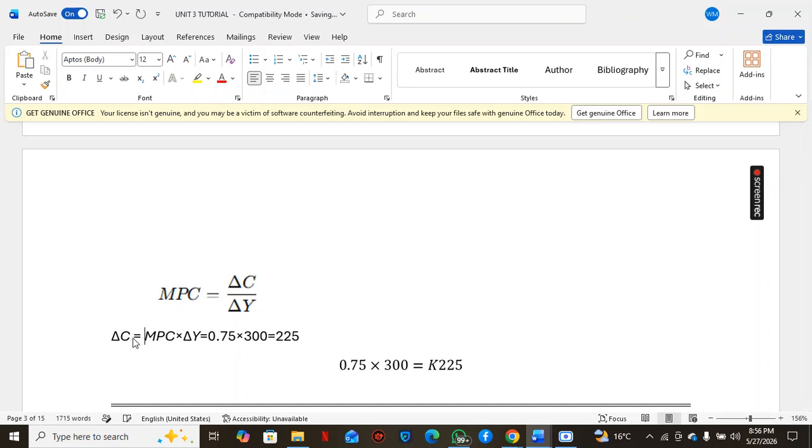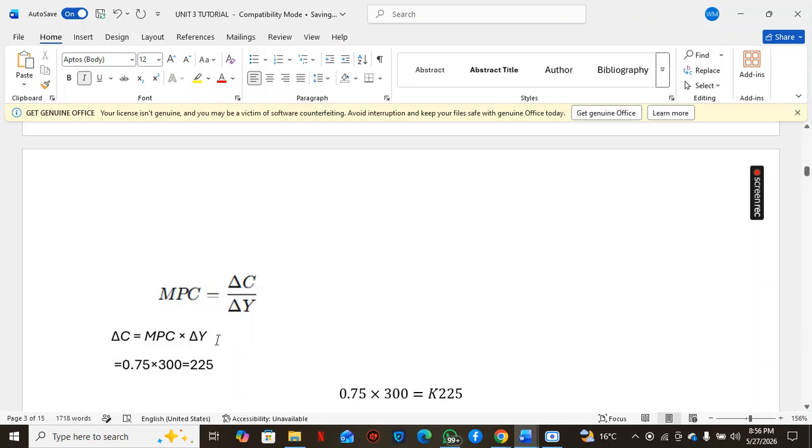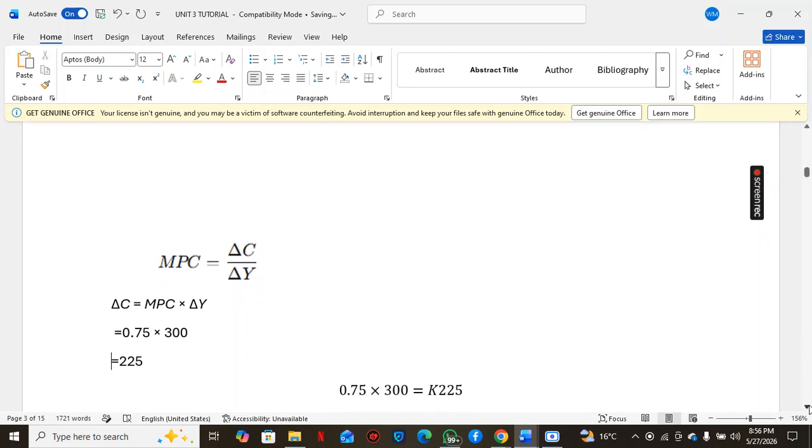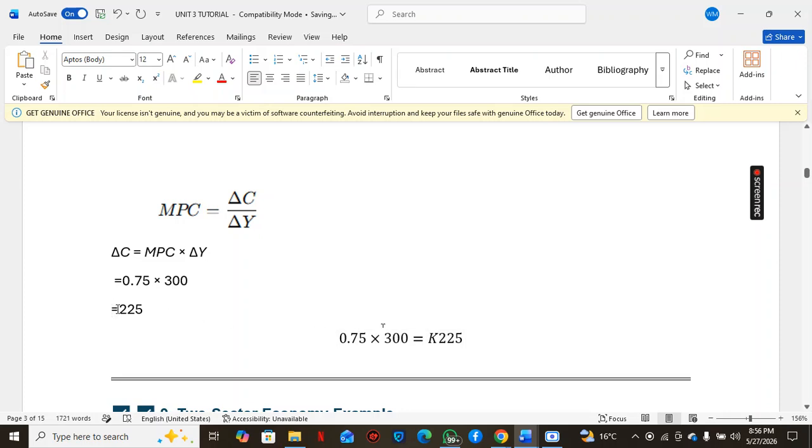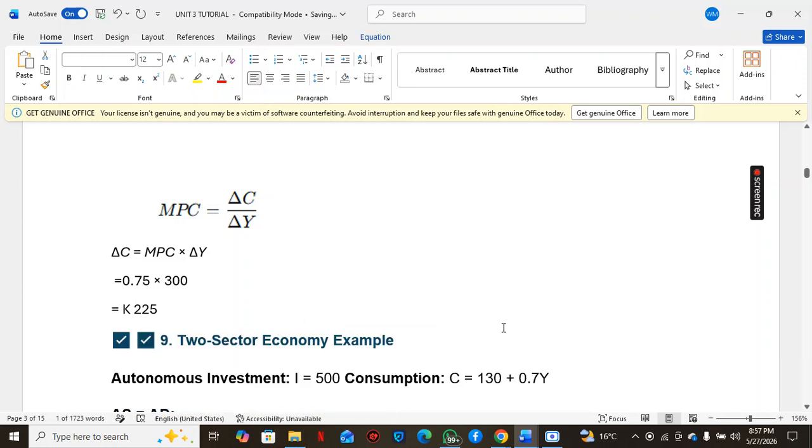So change in C equals the marginal propensity to consume multiplied by the change in income, change in Y. MPC was 0.75, and income has increased by 300. So 0.75 times 300 is 225 kwacha. So consumption increases by 225 kwacha.